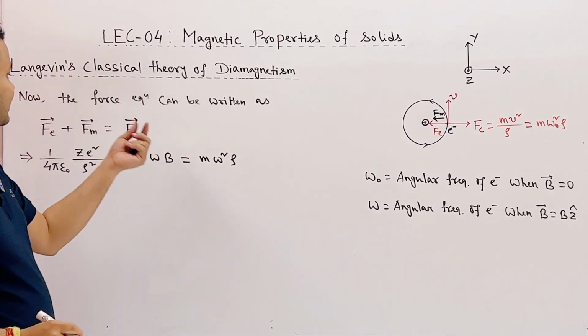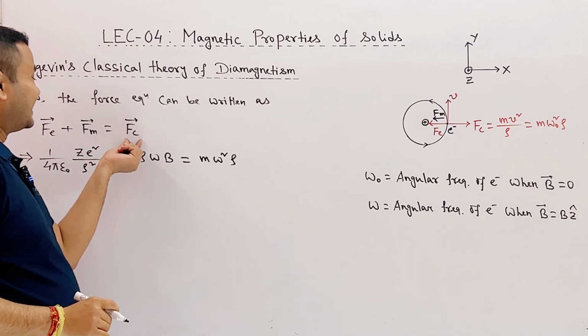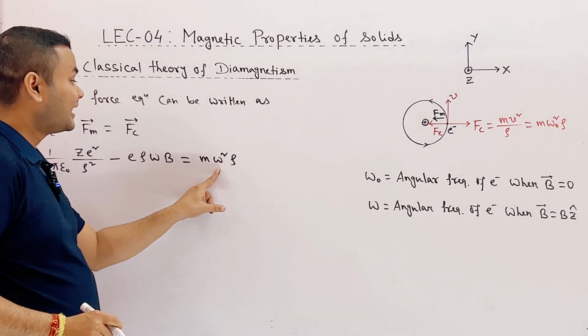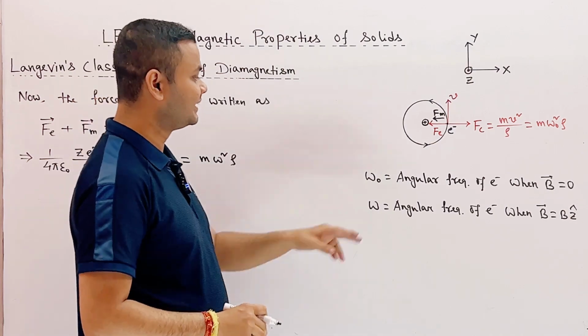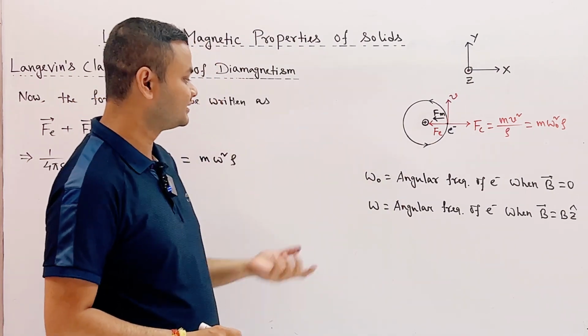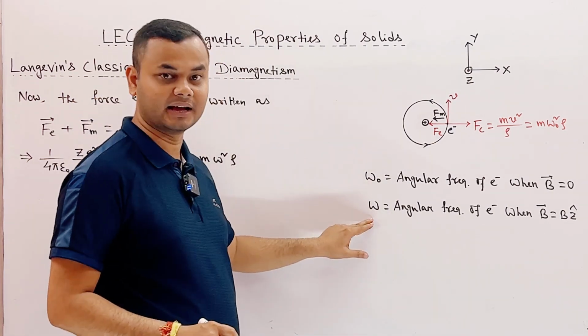Here we have written the value of centrifugal force as m omega square into rho, because after application of external magnetic field the angular frequency of the electron is changed from omega naught to omega.